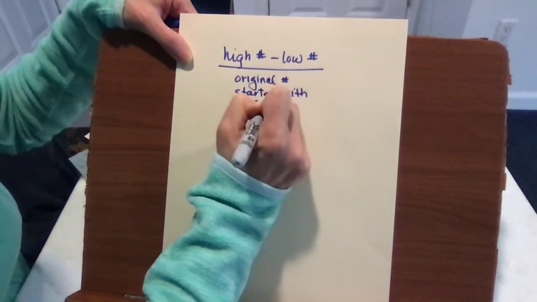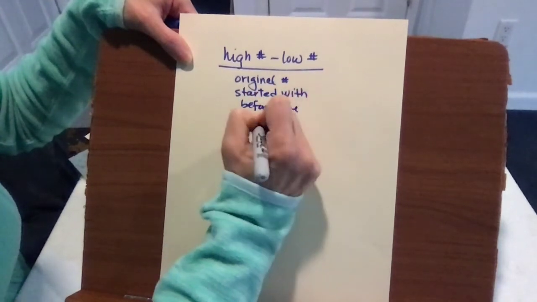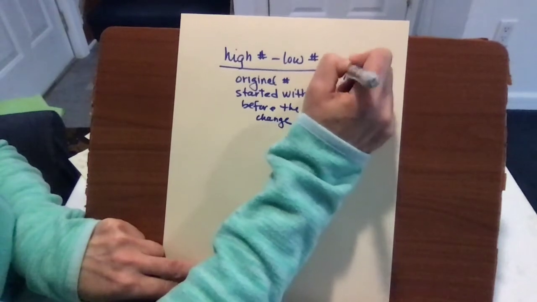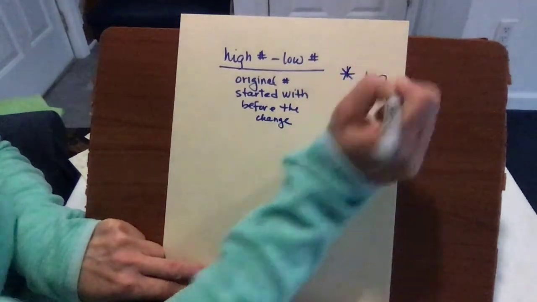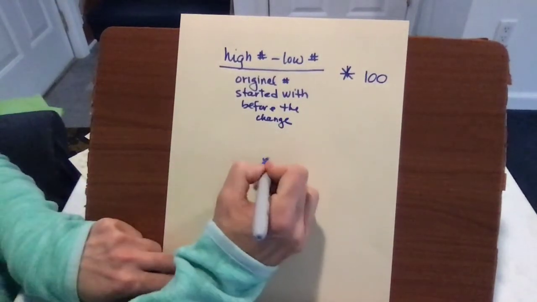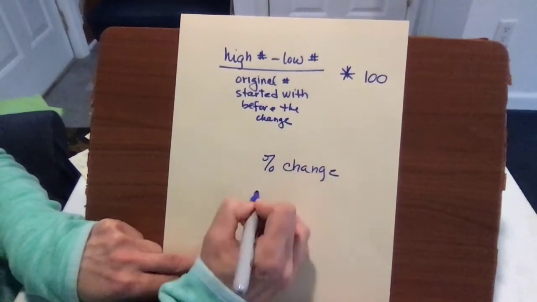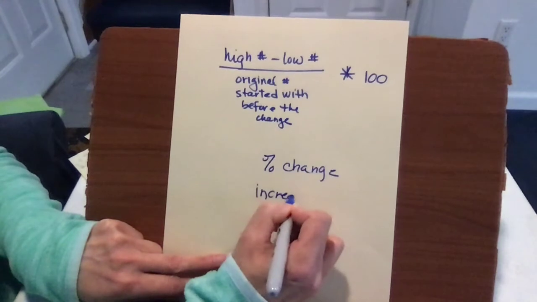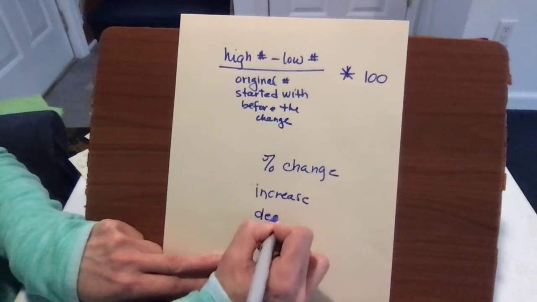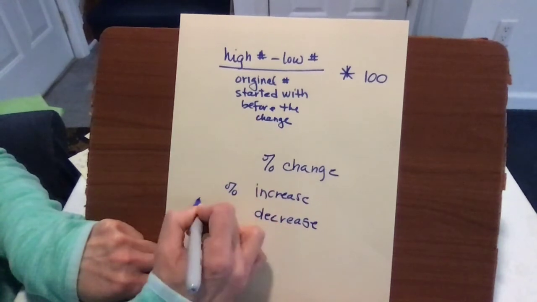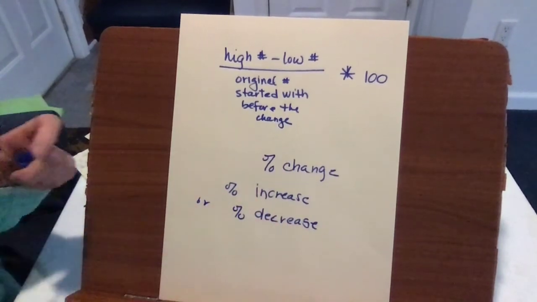I know it's kind of wordy. Then you're going to take that, times it by 100, and you have your percent change. And that percent change will also be described as a percent increase or a percent decrease. Okay, and that's it.